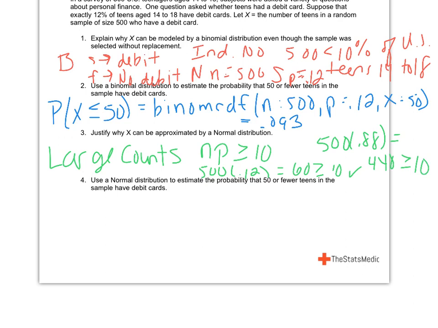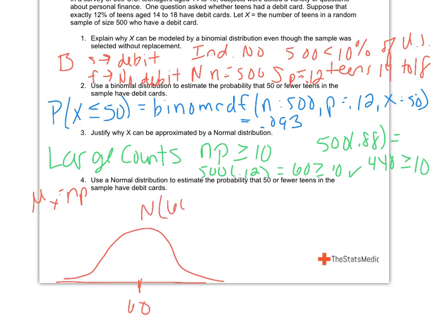So now, using a normal distribution to estimate the probability that 50 or fewer teens in the sample have debit cards, I've got my curve, and my mean here would be 60. 60 is my mean because remember, I find my mean with N times P. This is an attempt at a normal curve.